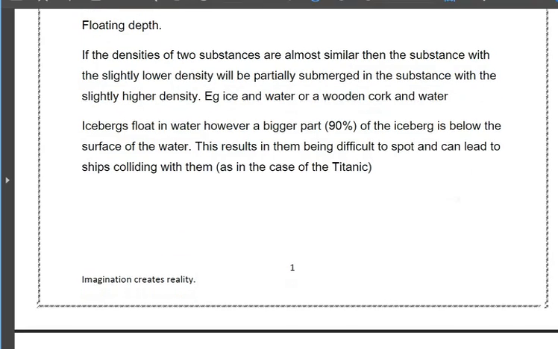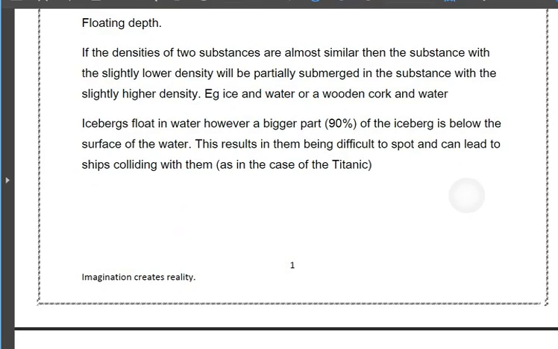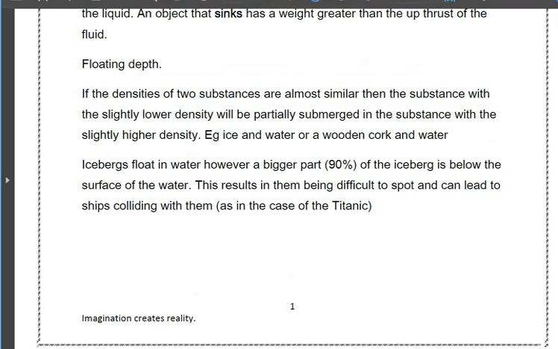Here now, we are told about things like ice and a wooden cork, and how they are able to float on the water. If you refer to a textbook, you see an image of that wooden cork floating on the water and the depth.